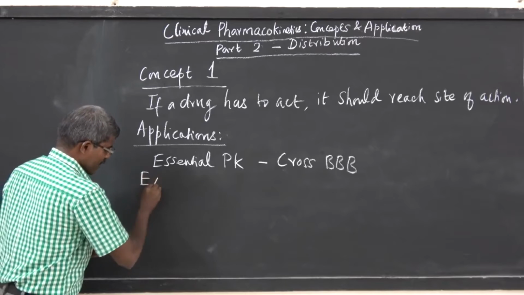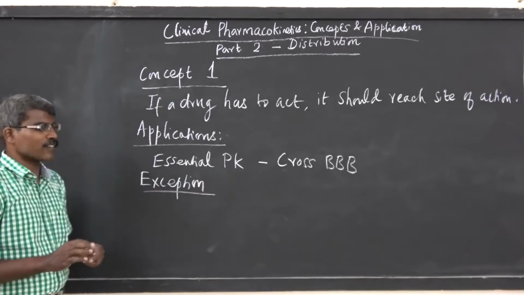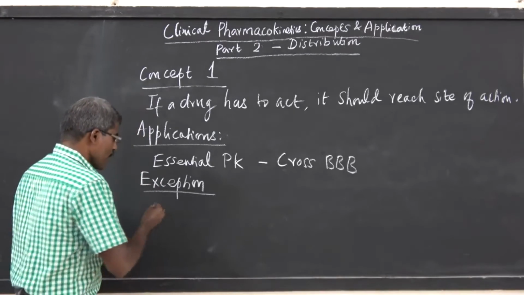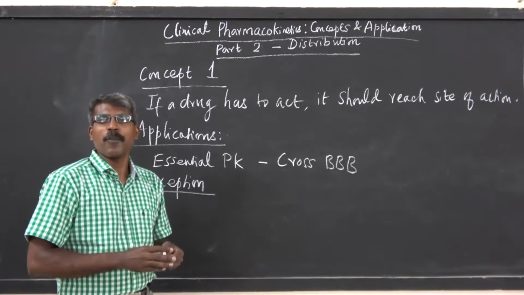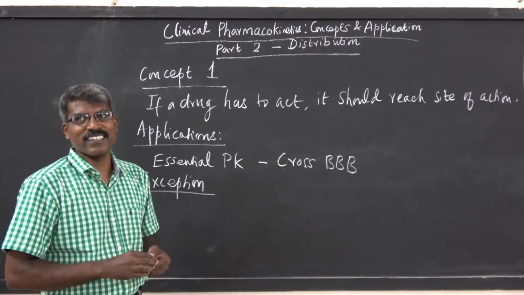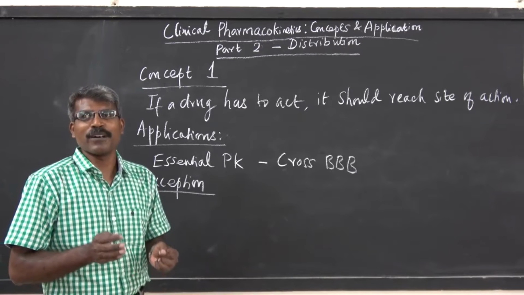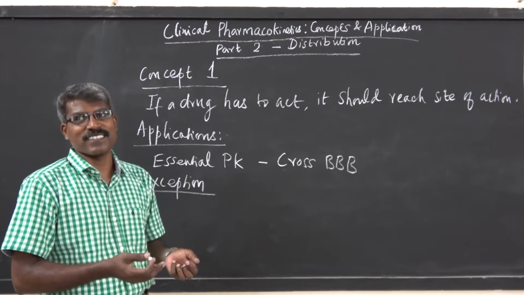Now, what are the exceptions? Can you think about any drug which does not cross the blood-brain barrier but still can act? Yes. Now, there is a group of drugs called peripheral dopa decarboxylase inhibitors. The name itself tells that they act only in the periphery, but they are used for a central nervous system disorder called Parkinson's disease.